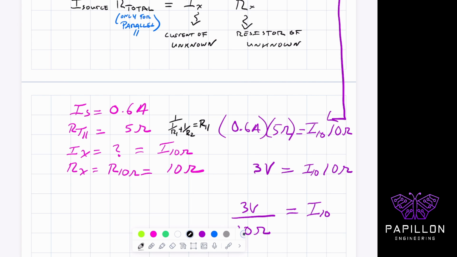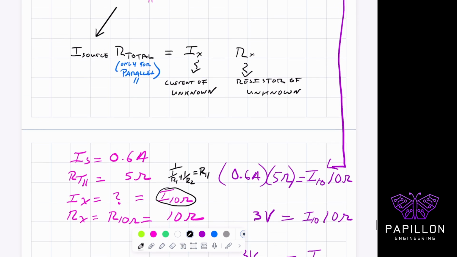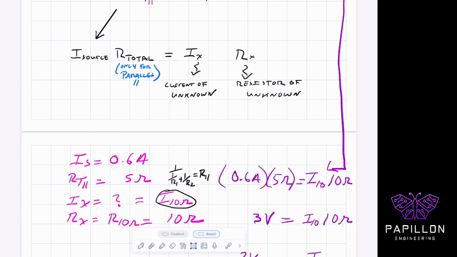And if I wanted to know the current of the 10 ohm branch, well, they're both 10, so it doesn't really matter, and Rx is the 10 ohm branch. So we're going to use that equation, which is over here, and we copy and paste this to move it so you can see more clearly. It's going to be I source, which is the 0.6 amps, times R total for the parallel piece only, which is the 5 ohms, equals the current we don't know yet, I unknown of the 10.